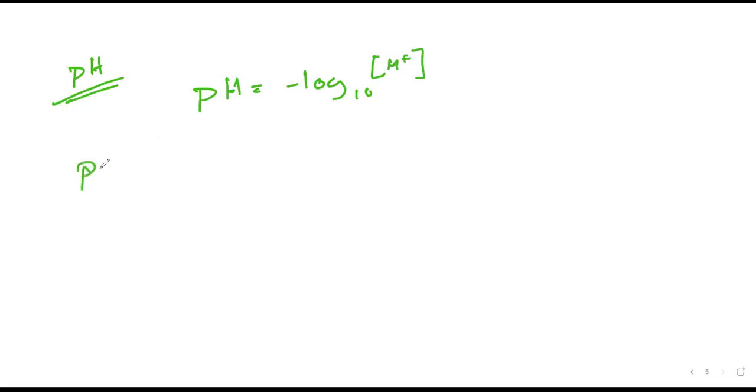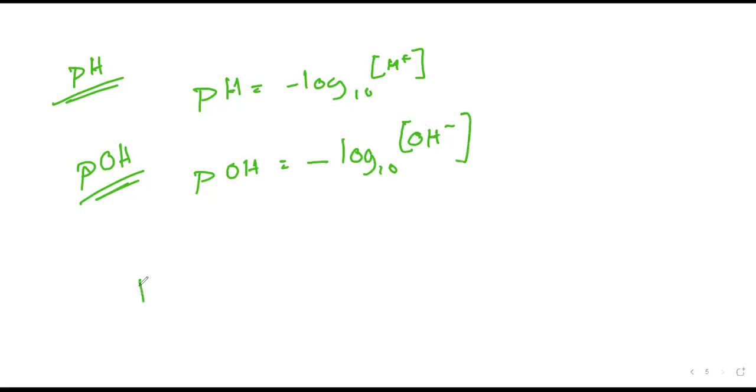And there's another term which we didn't hear much about, but it still exists, which is pOH, the negative logarithm of the hydroxide ion concentration. That means if any px value is mentioned, px is the negative logarithm of that substance's concentration.